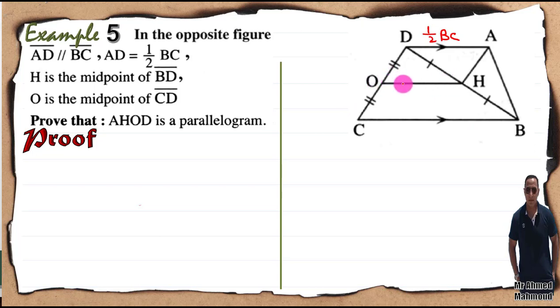That means two items, two givens. First, HO parallel to BC, and HO equal half BC.